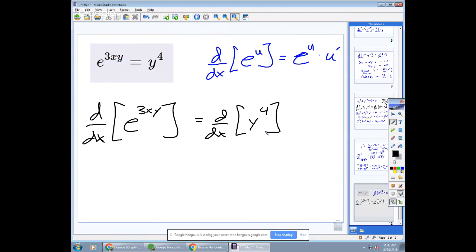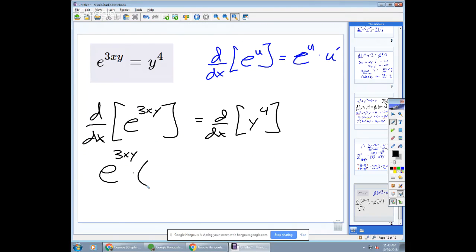Yeah, versus. Well, they are competing against each other, right? The derivative of e to the something is e to the something. Then we have to multiply by the derivative of that something, and here we have to use the product rule.